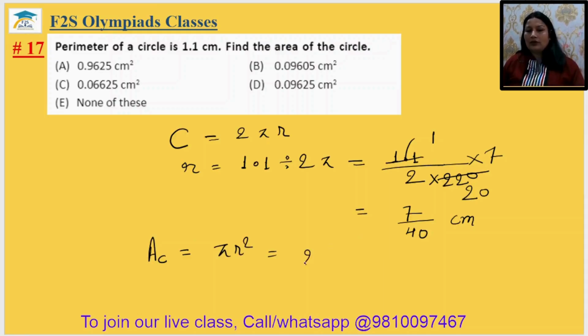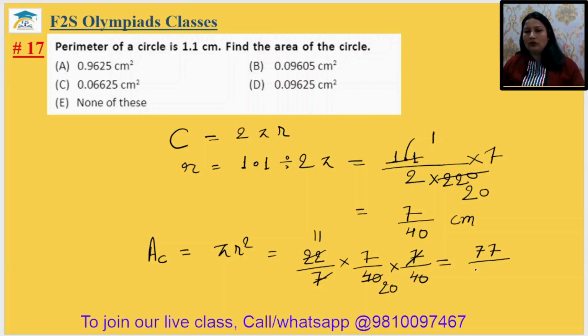R we have, it will be 22 by 7 multiply by 7 by 40 multiply by 7 by 40. 7, 7 cancel, 11 and here 20. Now it will not be simplified more. So 77 upon 800. After converting it into decimal, you will get 0.09625 centimeter square. It is in the option number D. So 17th answer will be option D.